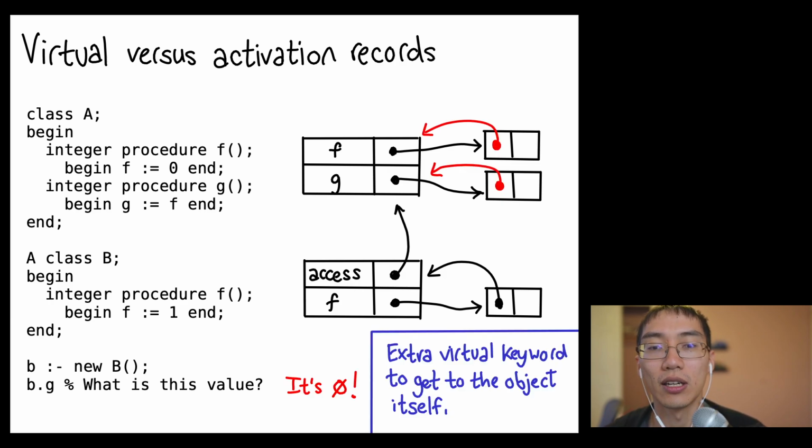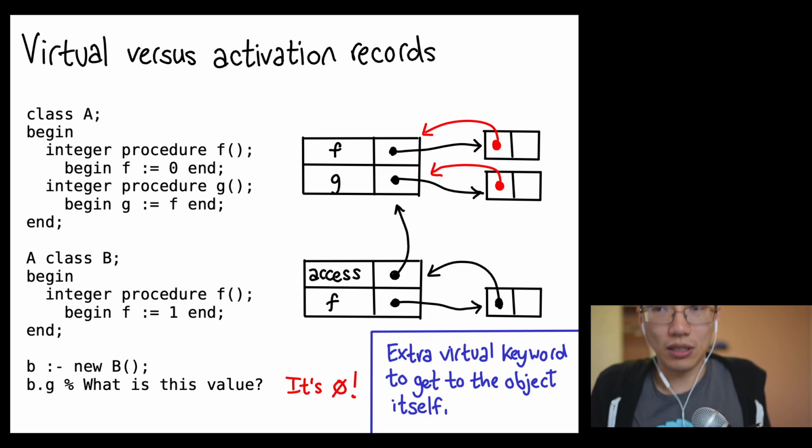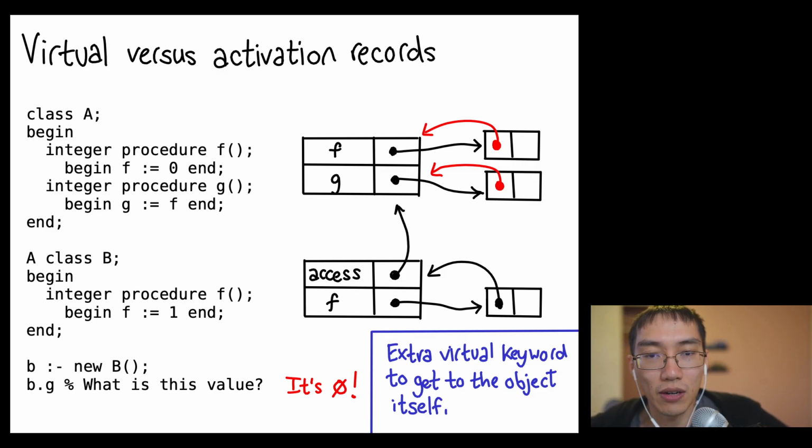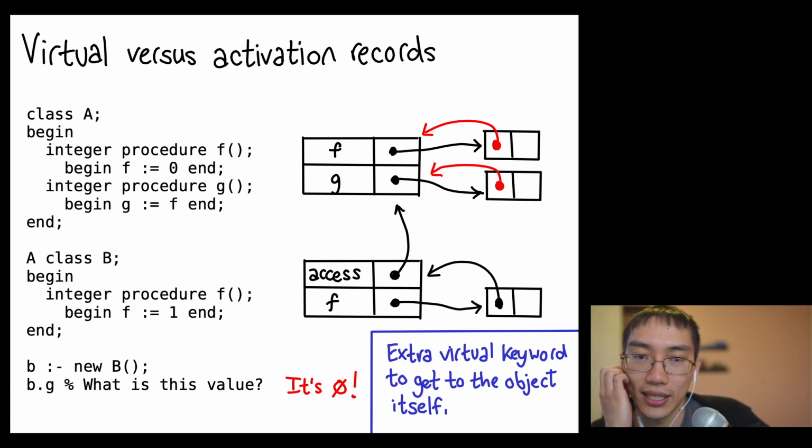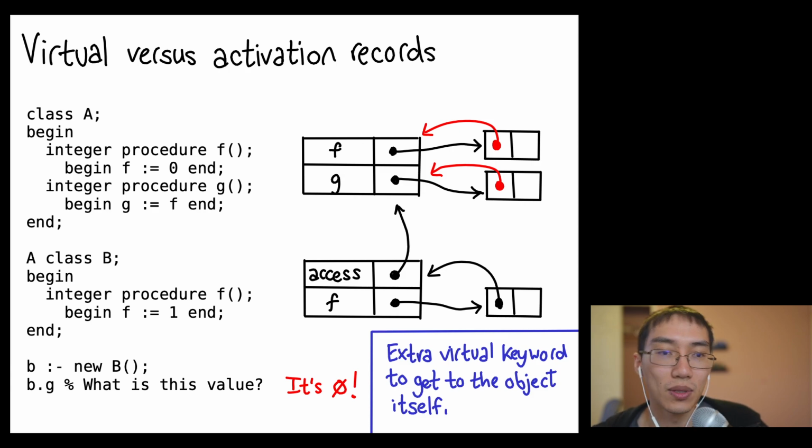And so it turns out that in Simula, it works exactly the same way it works in JavaScript, which is, hey, you define g inside the context of A, so all of the variables g can reference point straight to A, and therefore, if I call f inside A, that will not go back to my class B. It'll just directly call the f that's in scope, namely the f on A.